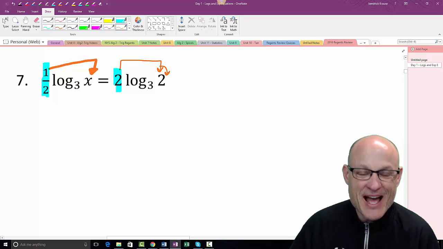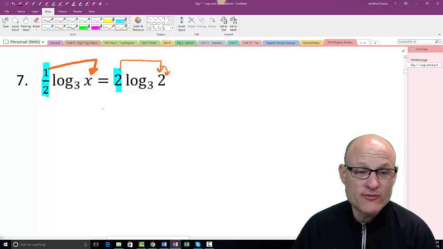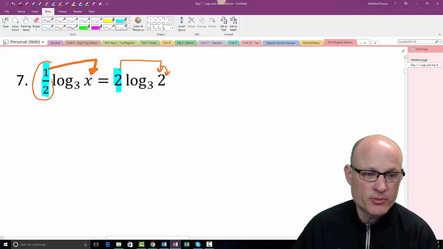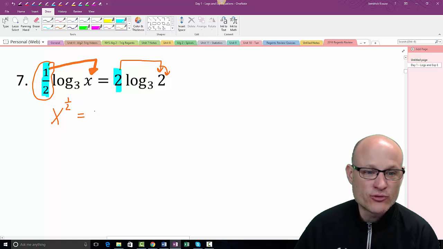What they are is exponents. Properties of logarithms say if you have an exponent, it should go in the front. So when you have a number in the front, it really just becomes an exponent. So it's x to the 1/2 is equal to 2 squared.